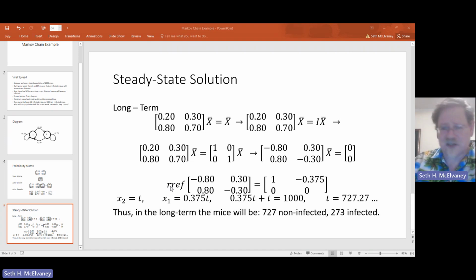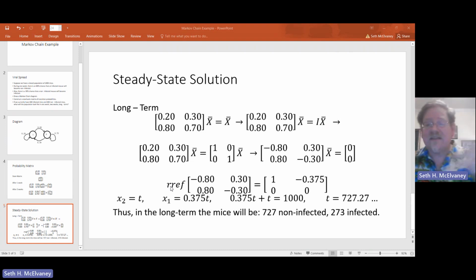The players are going to change up: this mouse is now infected, poor mouse, and this one's done well, receiving get well soon cards, etc. But anyway, you get the idea.